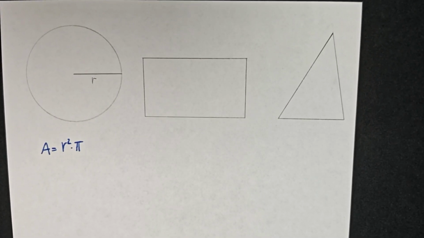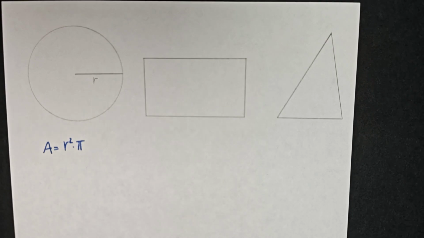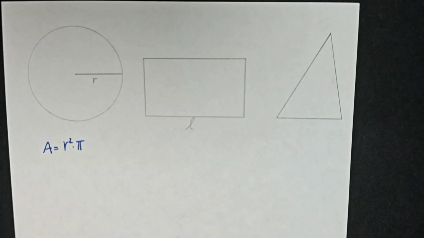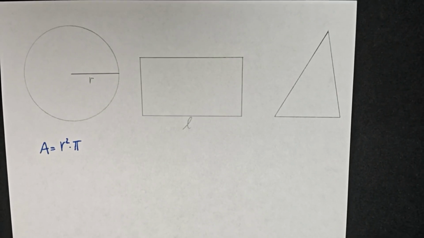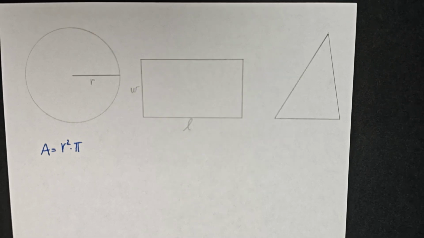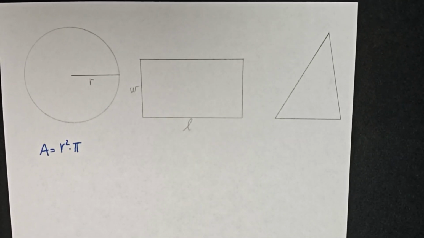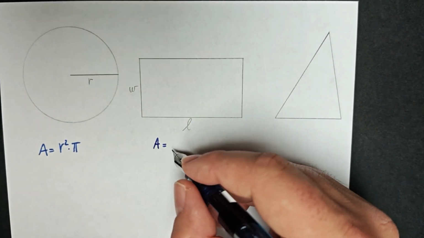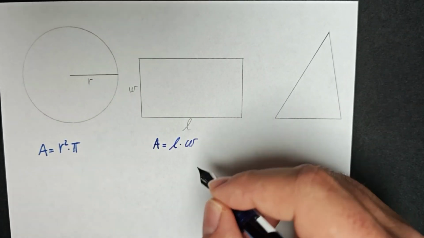On the second picture, I have a rectangle. Let's say that L is the length of its side and that W is its width. The area of this rectangle can then be found by using the formula A, as area, is equal to length multiplied by the width.